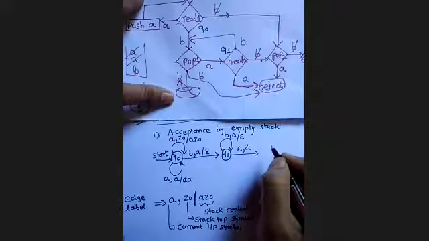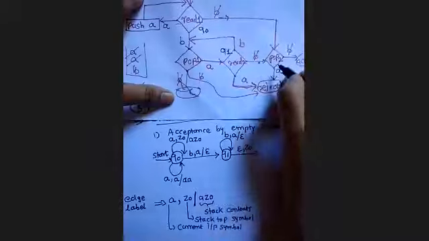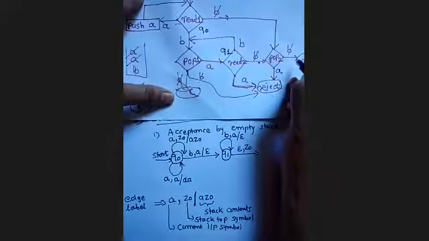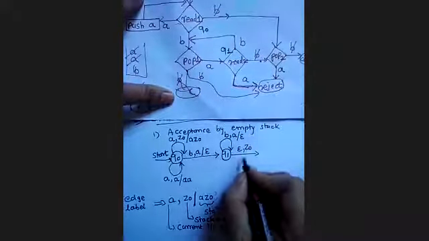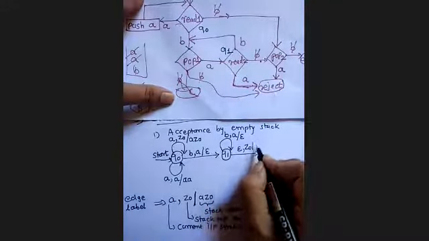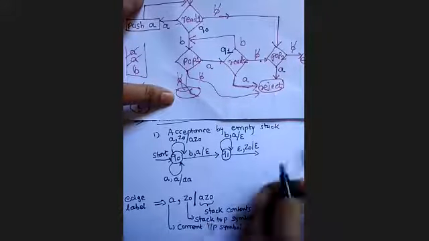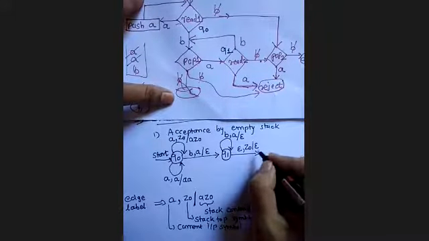Z0 means what? Input ends. Whenever input ends, we pop the symbol from the top of the stack, and if Z0 is at the top of the stack and it is popped, we show it as epsilon, not blank, in the DFA.